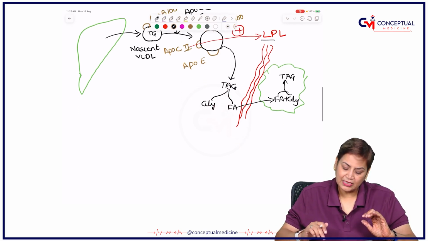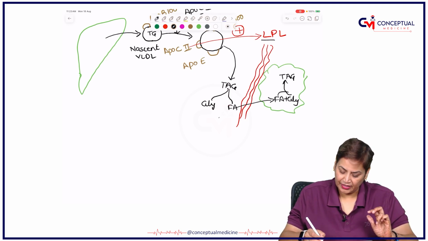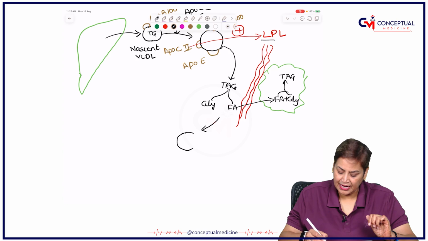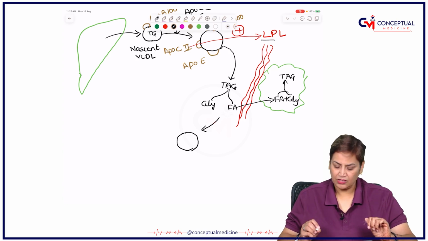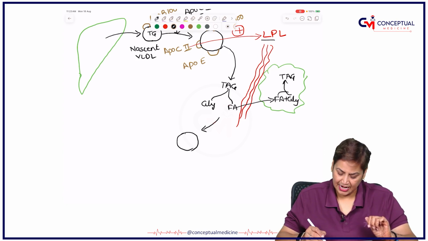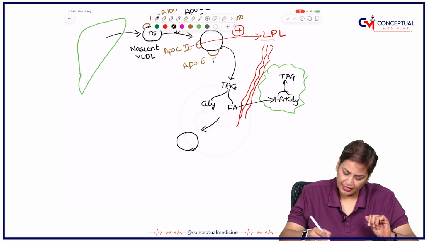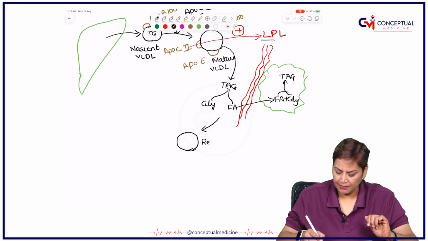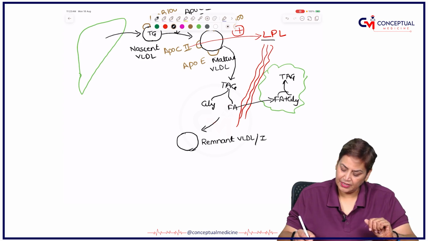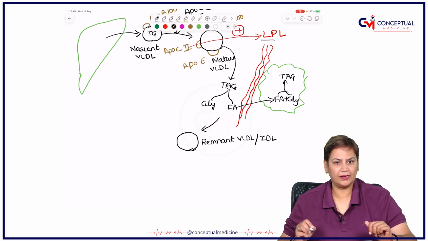Now coming over to this, whatever is the leftover will be known as remnant VLDL. So the size has reduced, you can see that. So this is remnant. I will just write here mature VLDL. And this is remnant VLDL, which is commonly known as intermediate density lipoprotein.